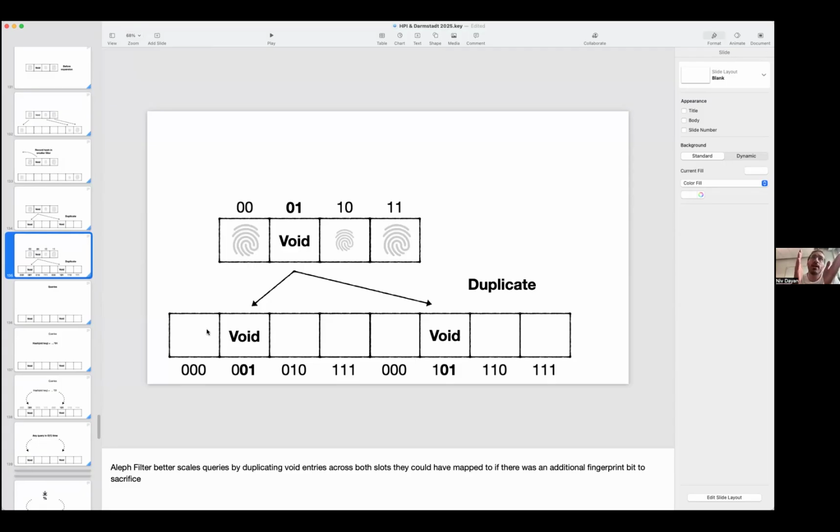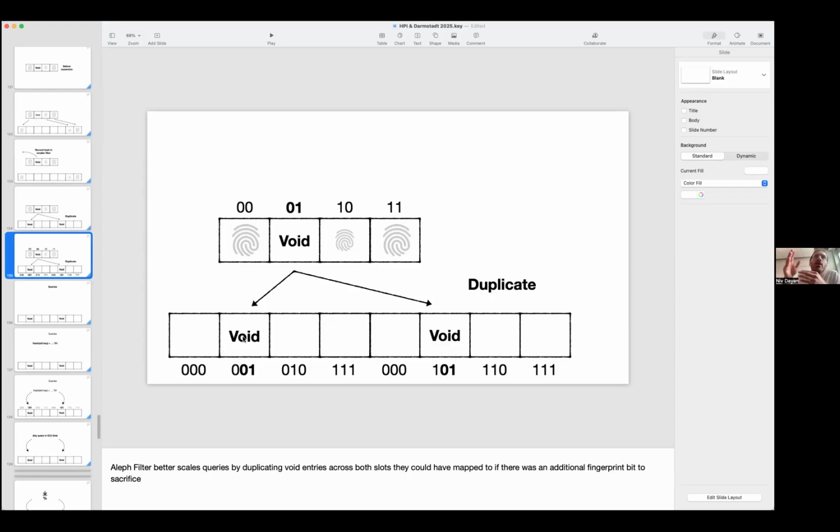If you're keeping the fixed slot width, the number of void entries will actually correspond to the false positive rate times log n. So it's not that much because you're multiplied by the false positive rate. The false positive rate might be something like 1%, but it's actually still logarithmically increasing.